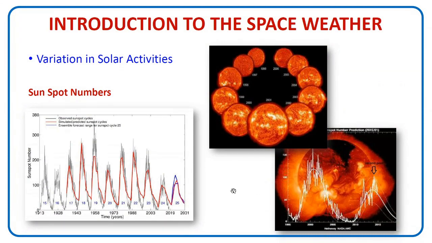Now this chart shows the sunspot numbers with time for the different solar cycles. So this is the 25th solar cycle. That means 25 times 11 years back, the solar cycle counting was started. So it does not mean that 25 times 11 years back, the solar cycle started.